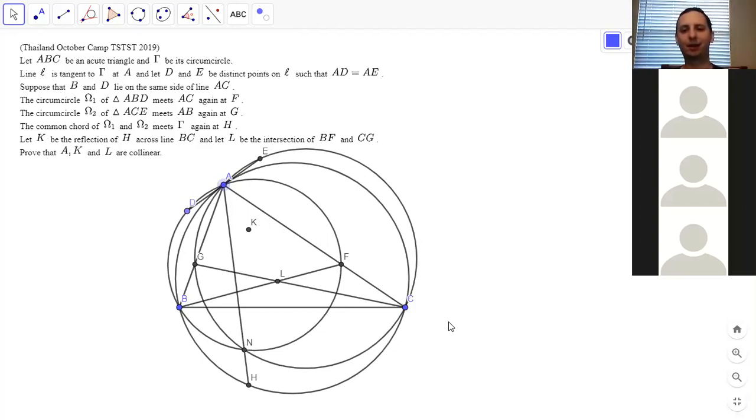Okay, yeah, so this is like a bunch of well-known facts combined together. But yeah, is it obvious that AH is a symmedian? I guess we still have to prove that. So yeah, we have to prove two things. We have to prove FG is parallel to BC, and then we need to prove that AH is a symmedian. And it's well known.